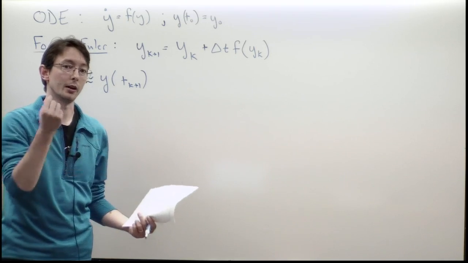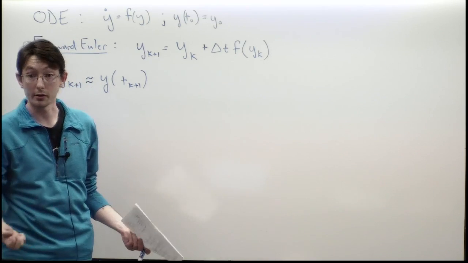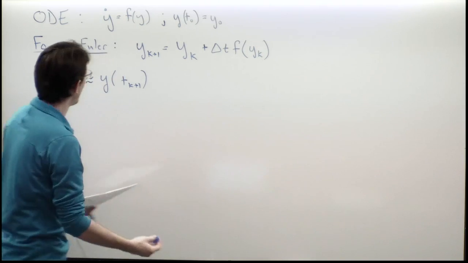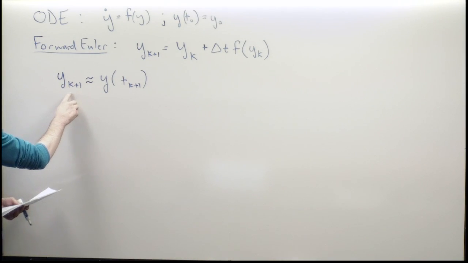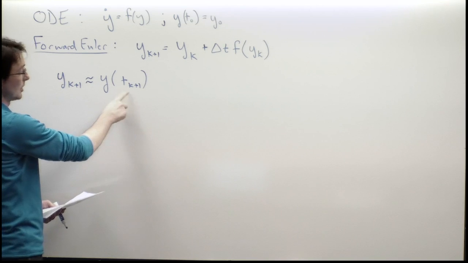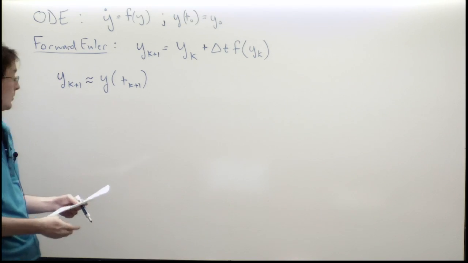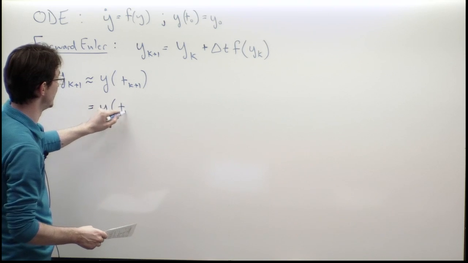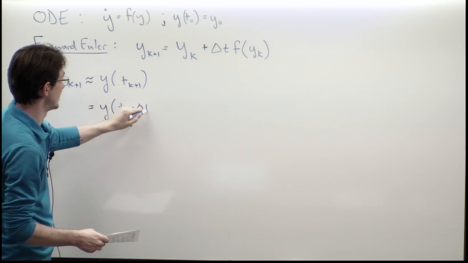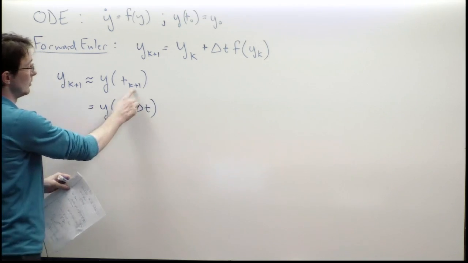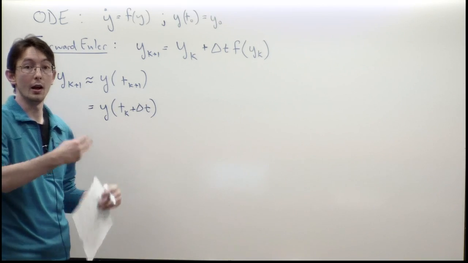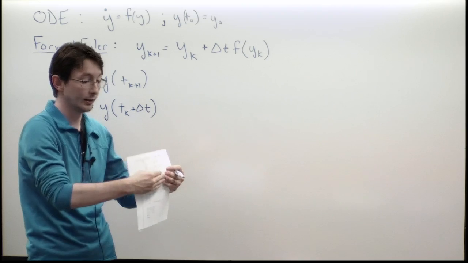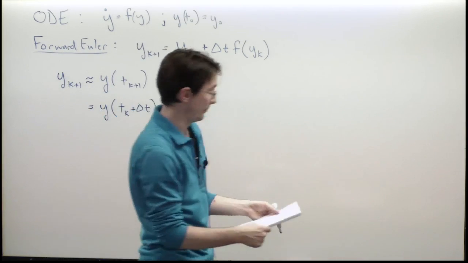Maybe it's an asteroid or a comet moving through the solar system, and it has a real position at every moment in time. And what we would like to do with our numerical scheme is approximate the true position at time tk plus 1, where time tk plus 1 is just time tk plus delta t. So every time I move my index 1 forward, I'm trying to find my particle position, the position of my state, at delta t further in time.